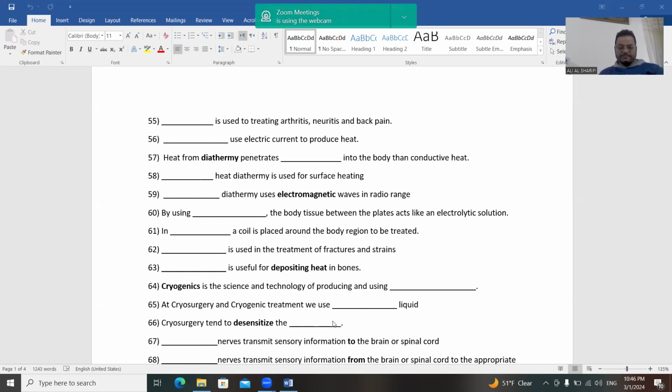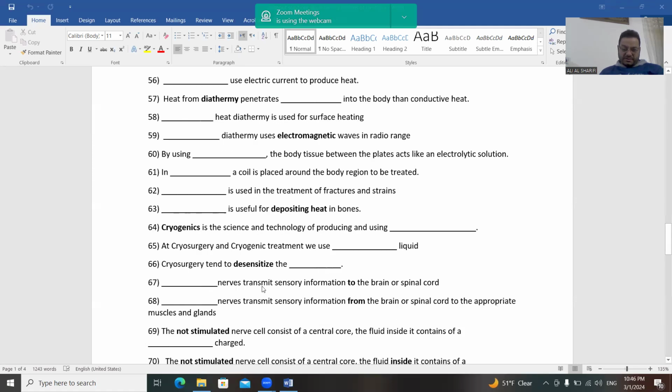Actually, approximately it was at the last slide from lecture 3 or 4, I can't remember, but I explained that many times. Nerves transmit sensory information to, not from, but here it's from. Which kind will you write here?